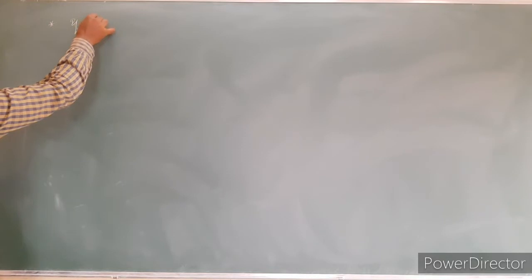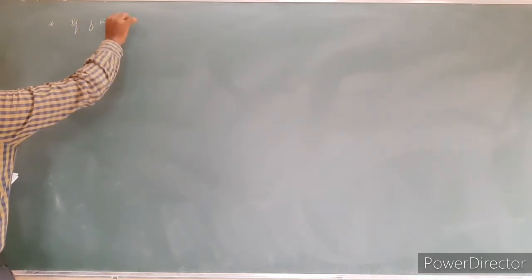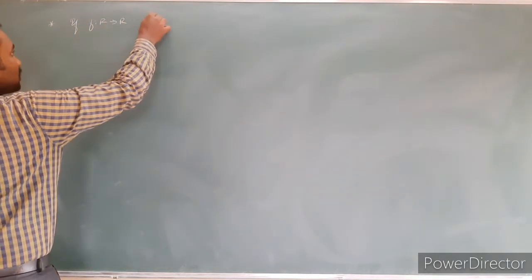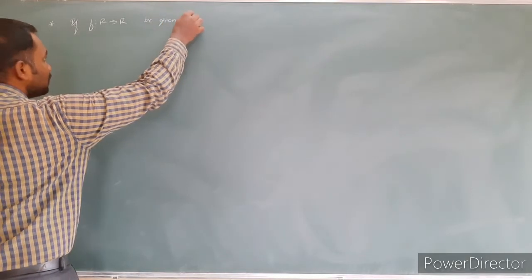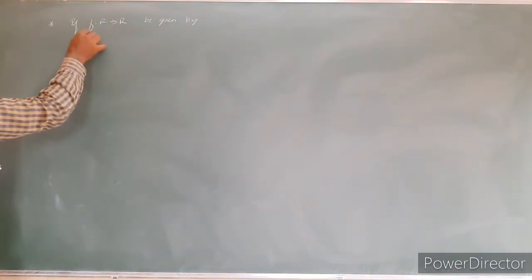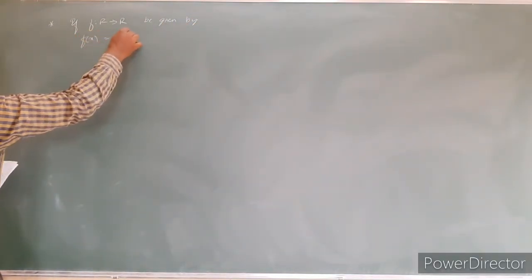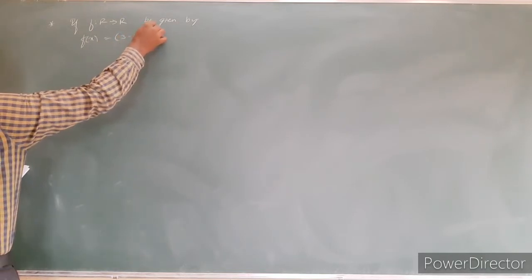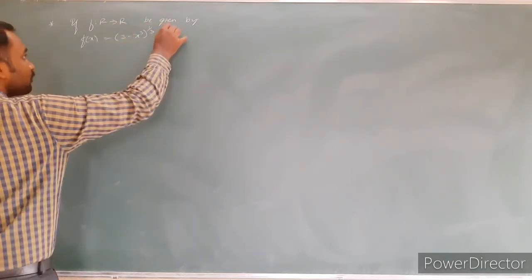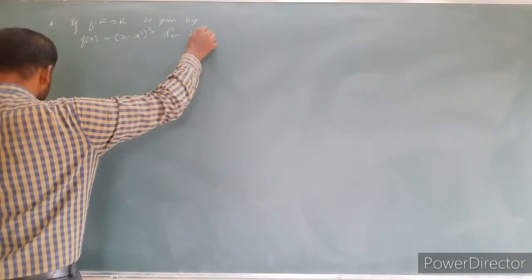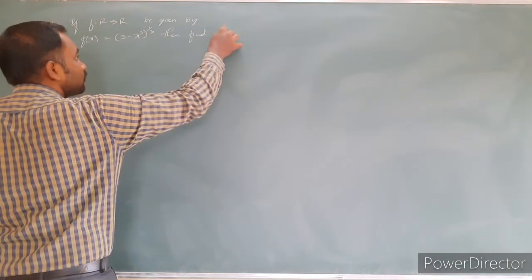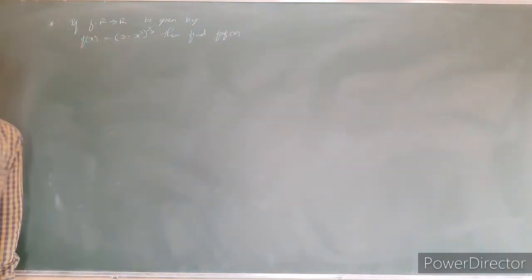If f is a function from R into R given by f of x equal to 3 minus x cube whole power 1 divided by 3, then find f circle f of x.